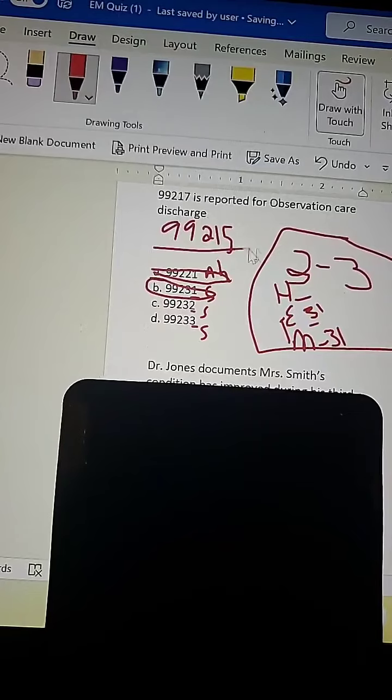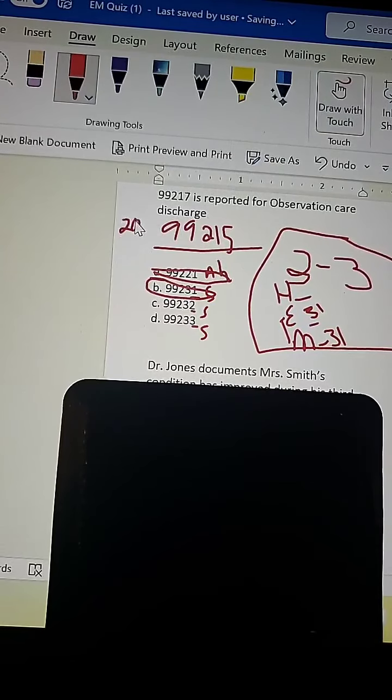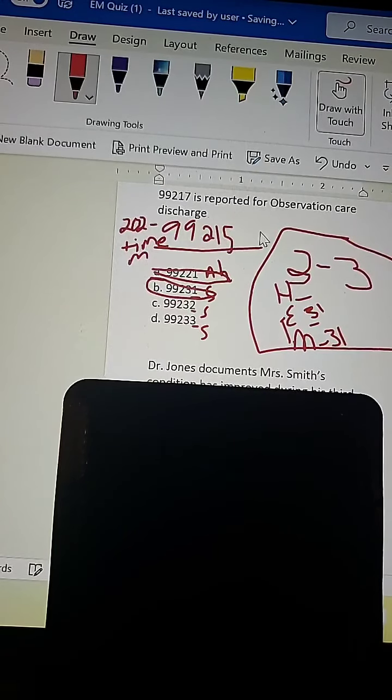But that's after you get past the 99215. Everything from 99202 through 215 just needs time or MDM to match. And that's it. So hopefully that's helpful.